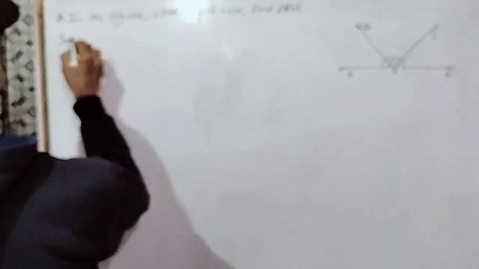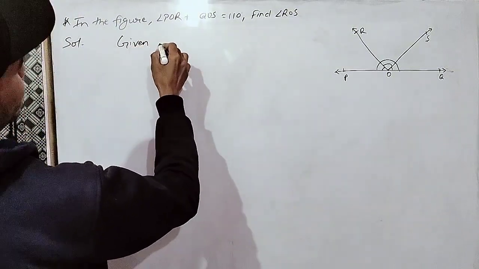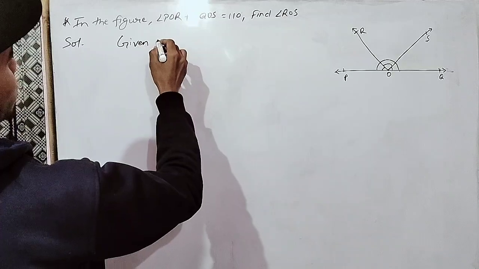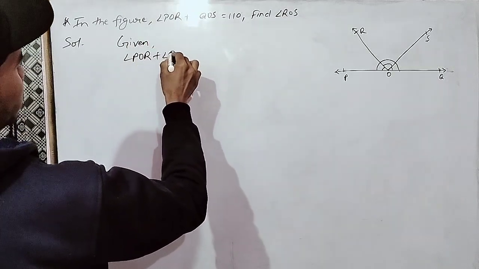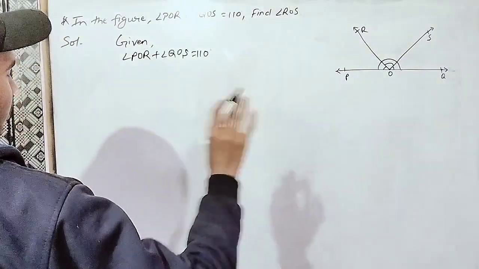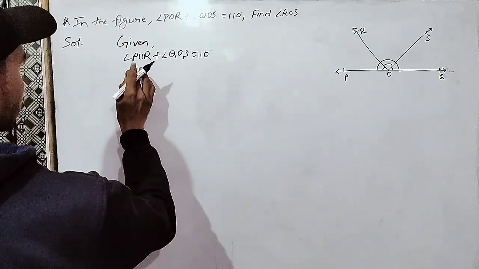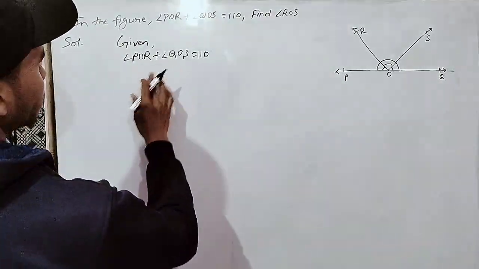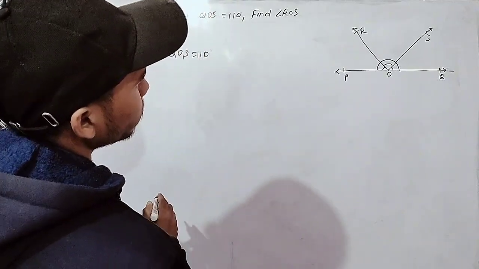So whatever we have been given is that POR and QOS is 110 degrees. Clear? We know that here on the linear pair we have three angles.